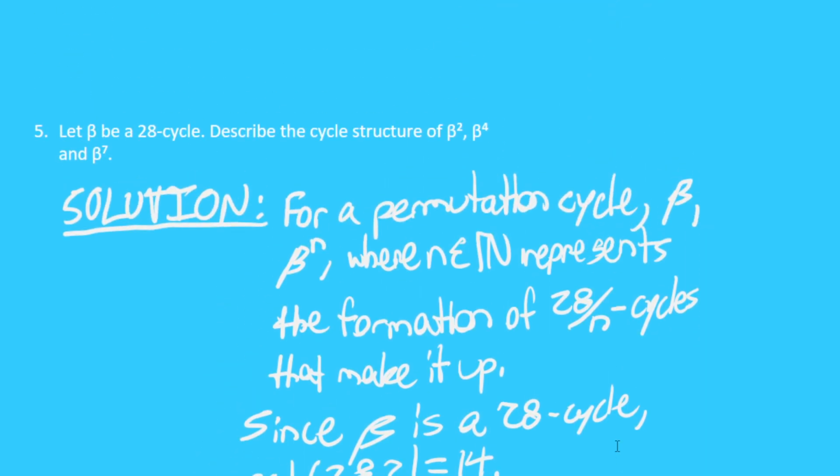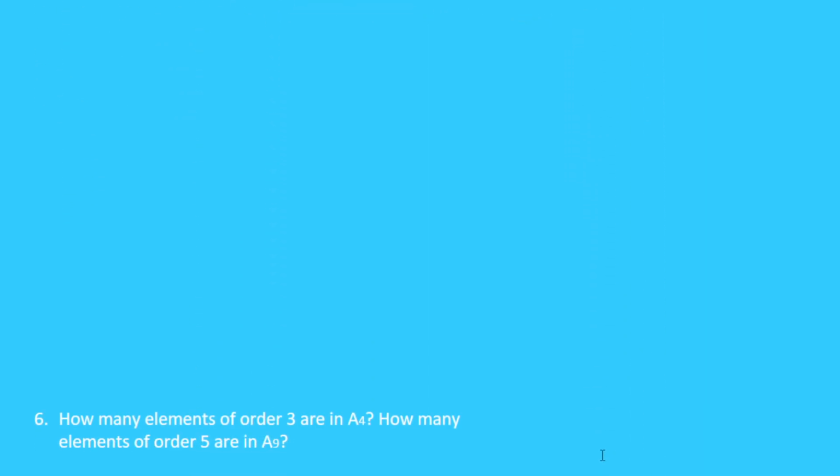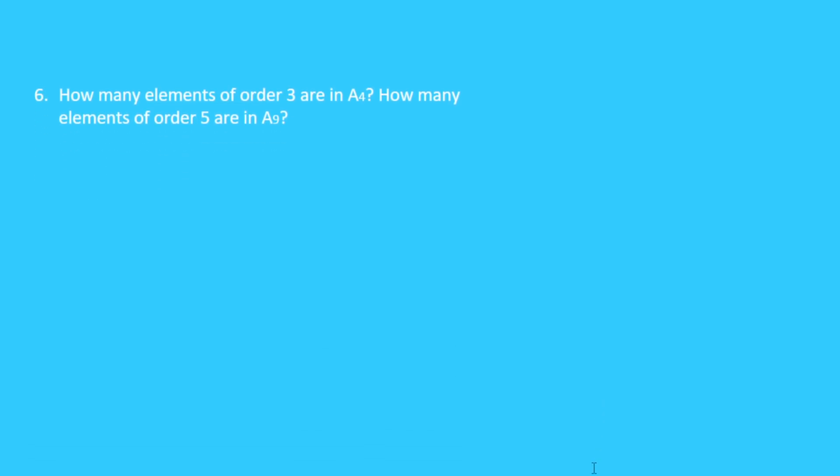All right, yep. Let's take a look at problem 6. For problem 6, we are asked how many elements of order 3 are in A4, and then how many elements of order 5 are in A9. Okay, so let's take a look at this problem.